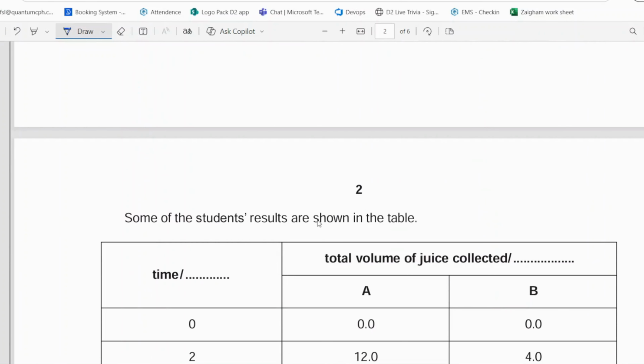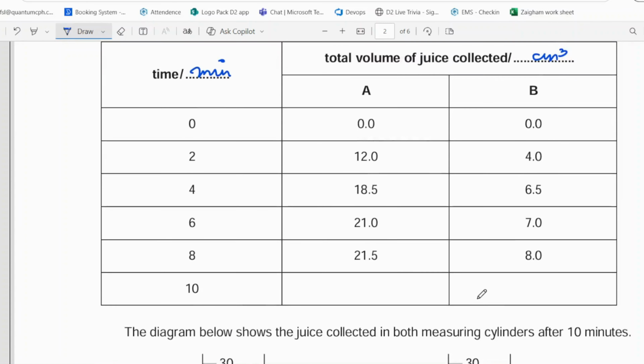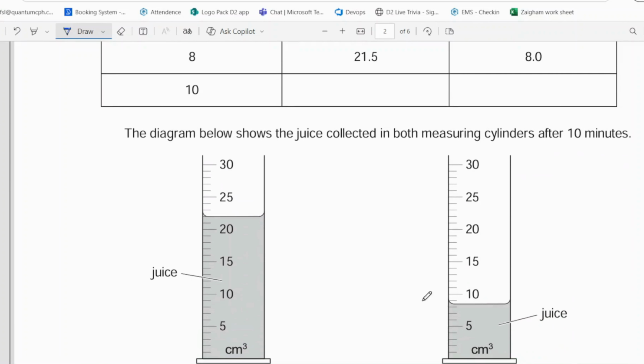Because 2 cubic centimeter of enzyme was taken, so cubic centimeter. Okay, the readings are given. For 10 you have to calculate the reading. Think again. Is it between 20 and 25?